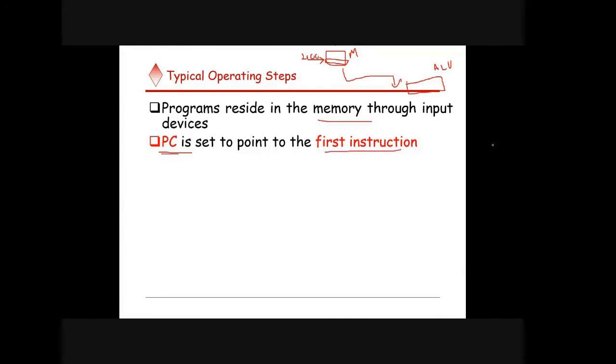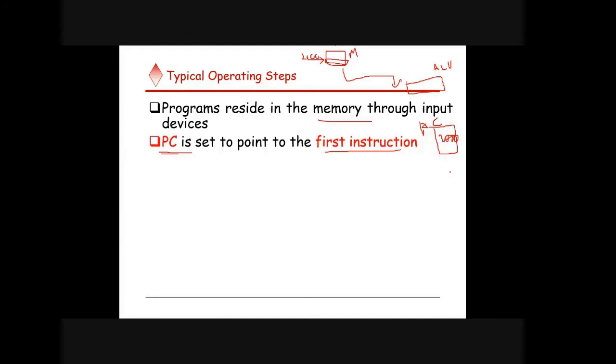Initially the program counter will have a value of 2000, the starting address of the program. So the program counter keeps the first instruction's address in the beginning. After execution of the first instruction, the program counter will increment to the next immediate value.